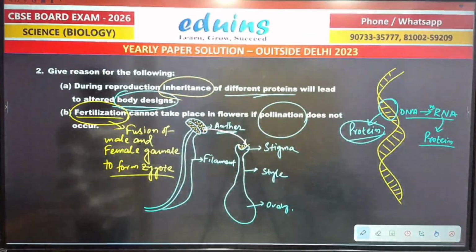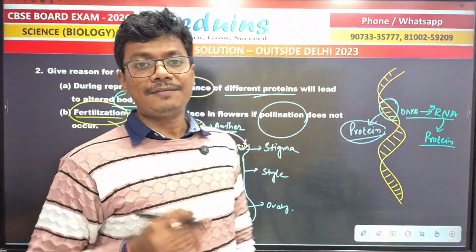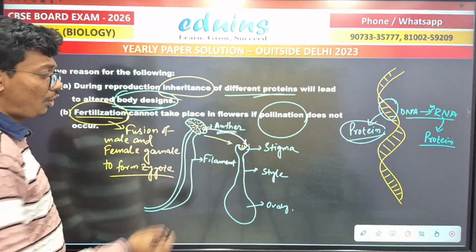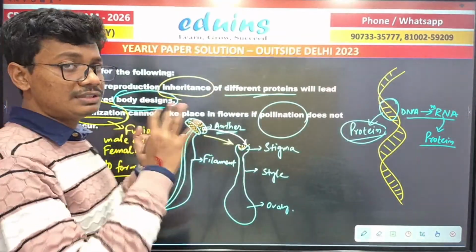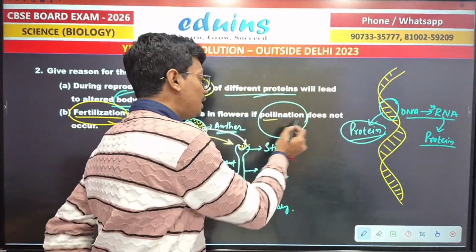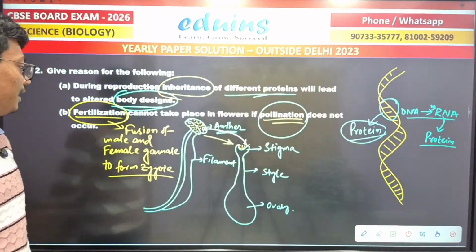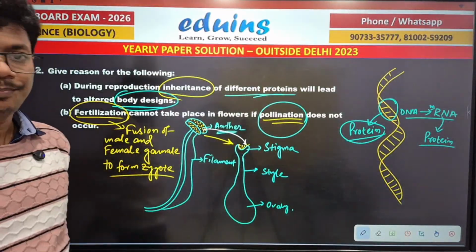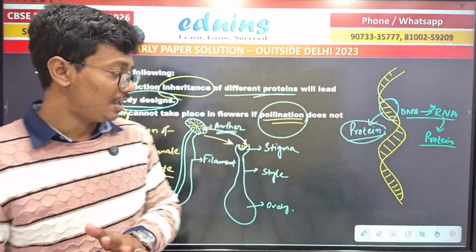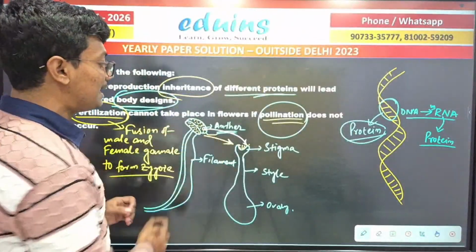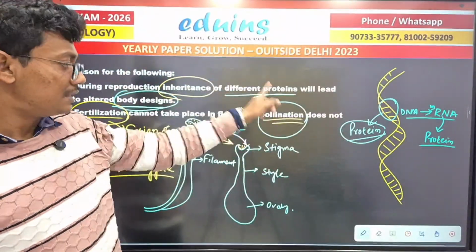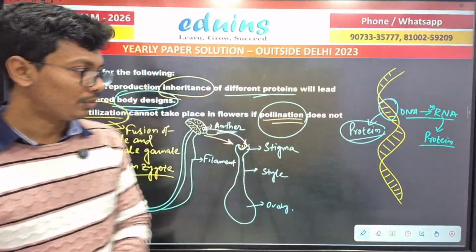Okay, so for the fusion of the male and female gamete, first of all we have to transfer the pollen grains from the anther to the stigma. If the pollination process does not occur, fertilization will not take place. Why? Because fertilization is the process of fusion of male and female gamete, but for this fusion the male gamete has to reach the female gamete, and this is only done through the process of pollination.